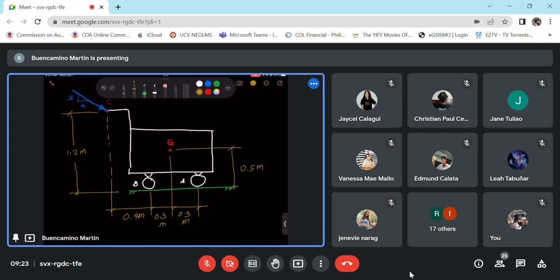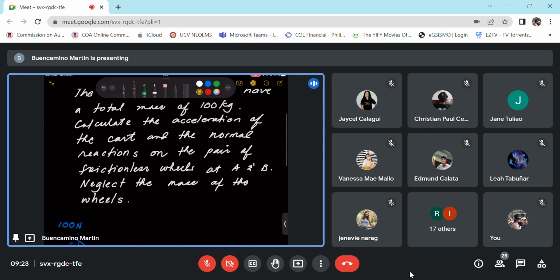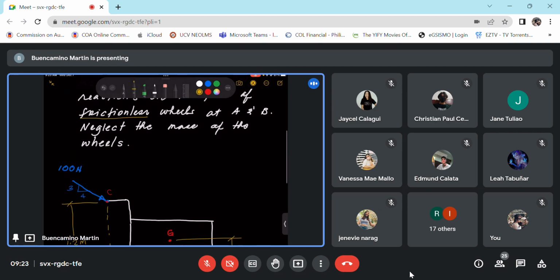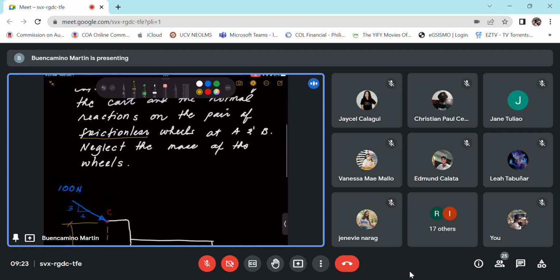Now, in this problem, it is stated that the wheels are said to be frictionless. So we disregard friction forces. And we're going to neglect the mass of the wheels.